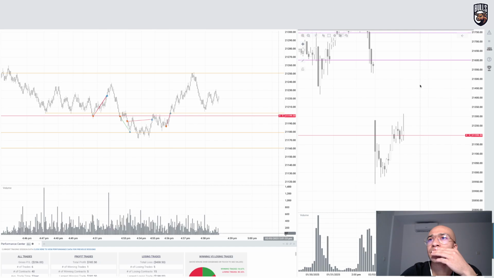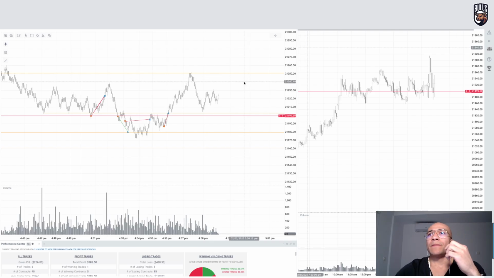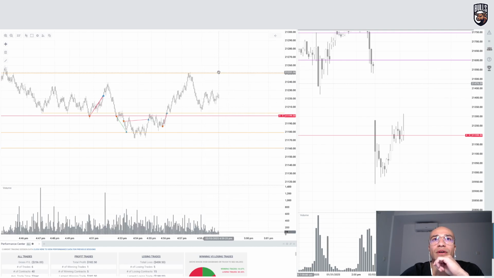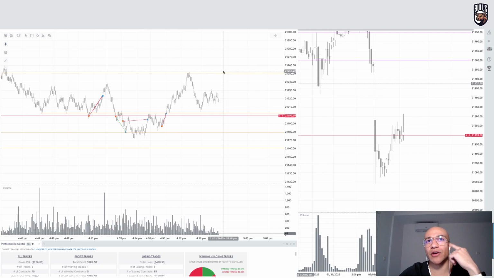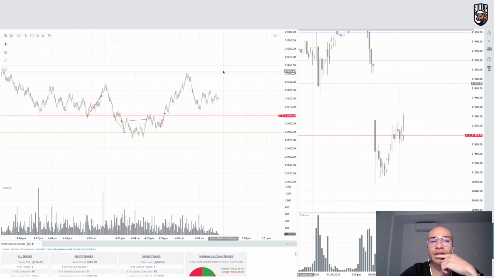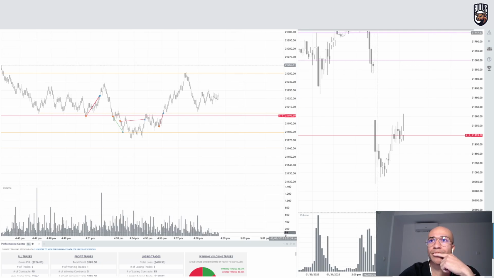So, my setup generally looks good. I would definitely be interested in averaging into my position up here. I have a lot of room, right? I'm just trading 5 micros per position. And that is the big advantage that you have if you're trading small position size, and not over-leveraging by trading minis.